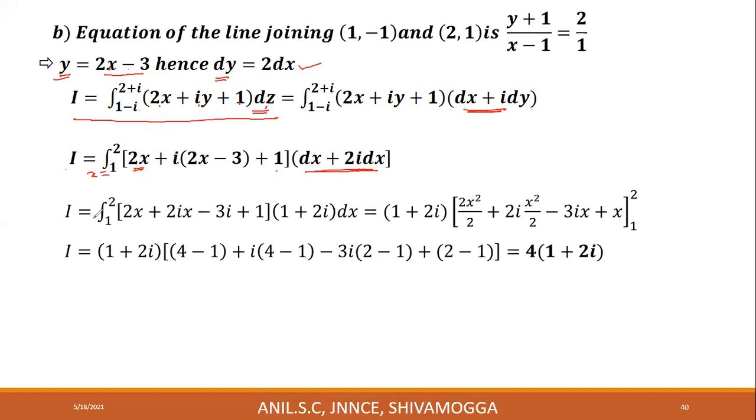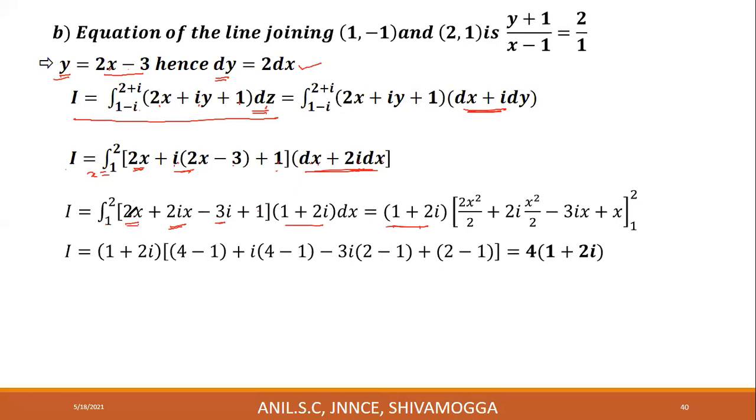This equals the integral from x is 1 to 2 of 2x plus 2ix minus 3i plus 1. Here take dx as common factor: we get 1 plus 2i inside, into dx. This 1 plus 2i is a constant, independent of x, so keep it outside and integrate.